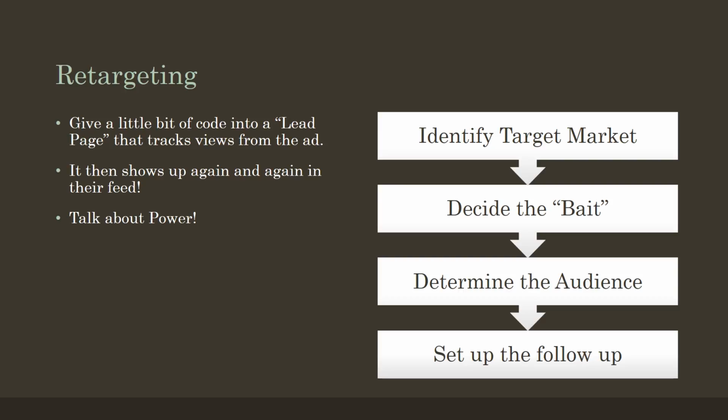Or let's just say that you've been somewhere. Maybe you've been browsing Amazon. You saw a product, and then, a couple hours later, you went on Facebook, and all of a sudden that product appears in your news feed. This is called retargeting. It's putting you in front of that person again and again and again in their feed. That is some of the power that you get with Facebook if you do it right.